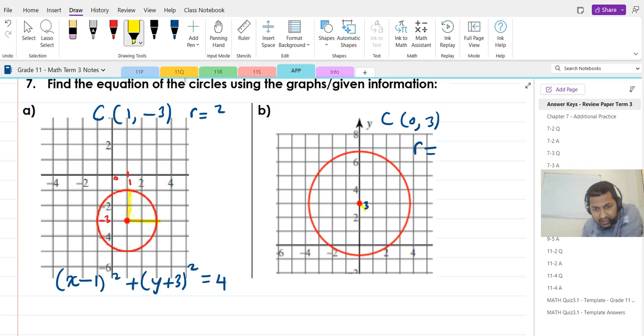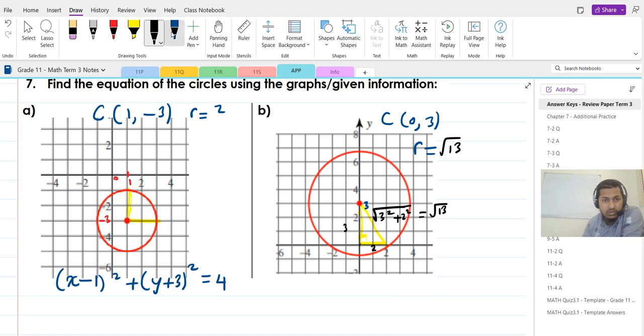If you draw a line from here to there, that's the radius. So you need to make a triangle to solve for the radius. The distance from there to there is 2, and the distance from here to there is 3. So the radius is square root of 3 squared plus 2 squared, which is equal to square root of 9 plus 4, which is 13.